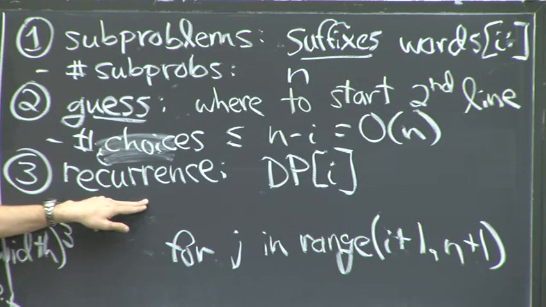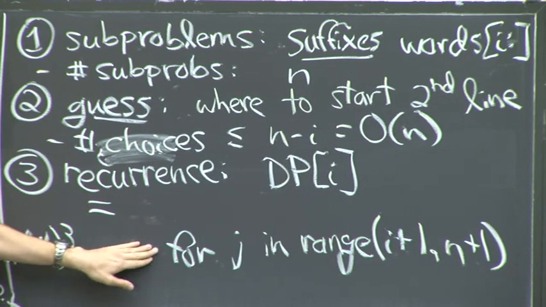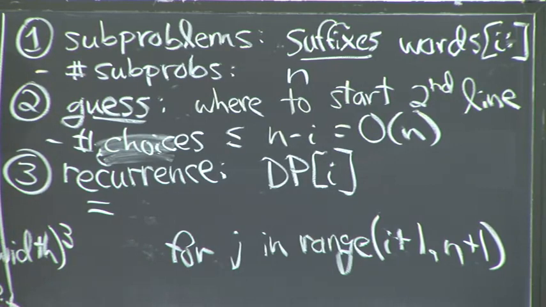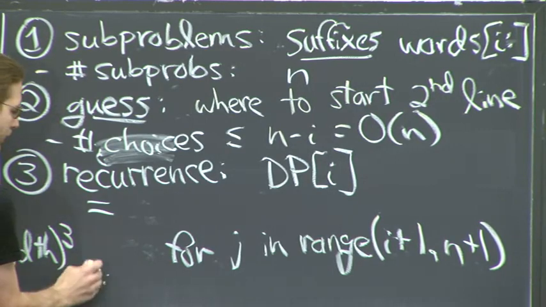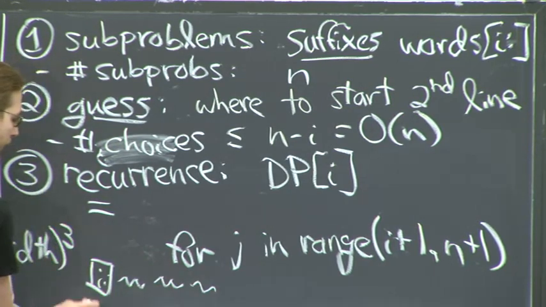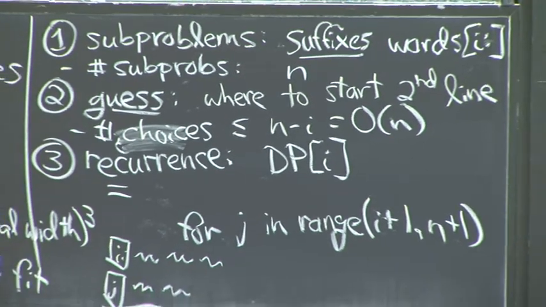So then what do I write up here? If I make this guess, I have word I as the first word of the first line, and word J as the first word of the second line. And then there's more stuff down below. I don't know what that is.